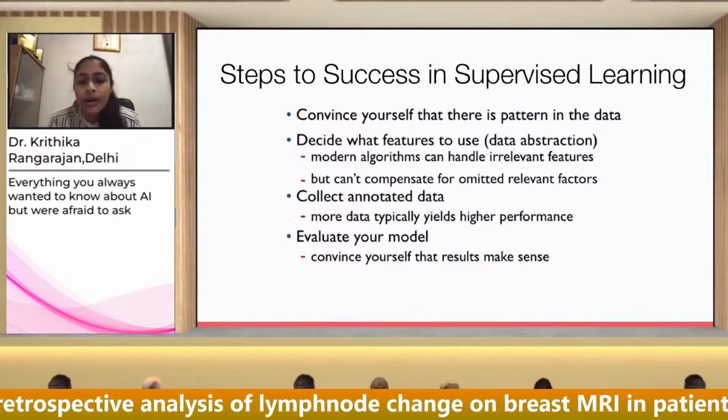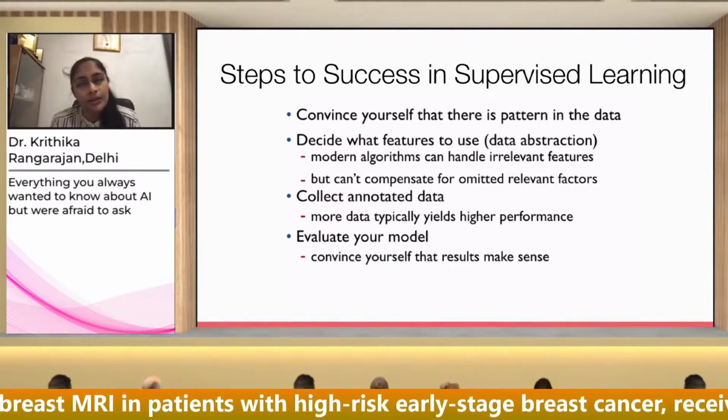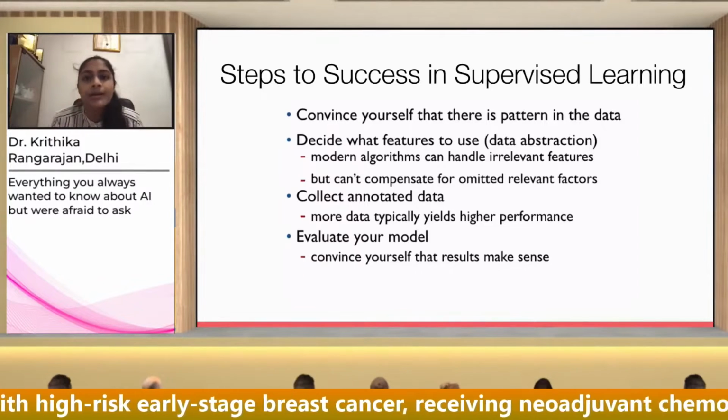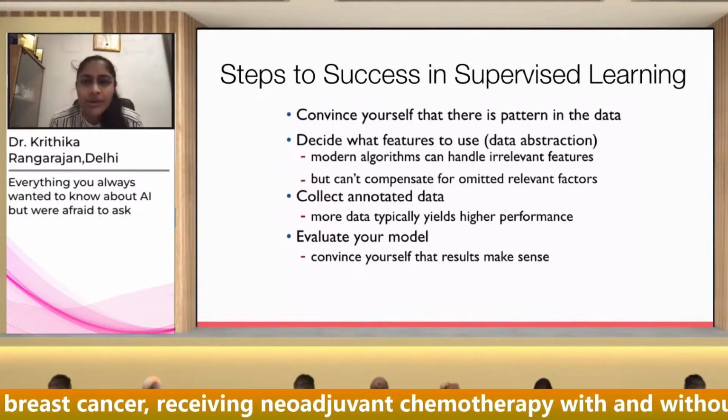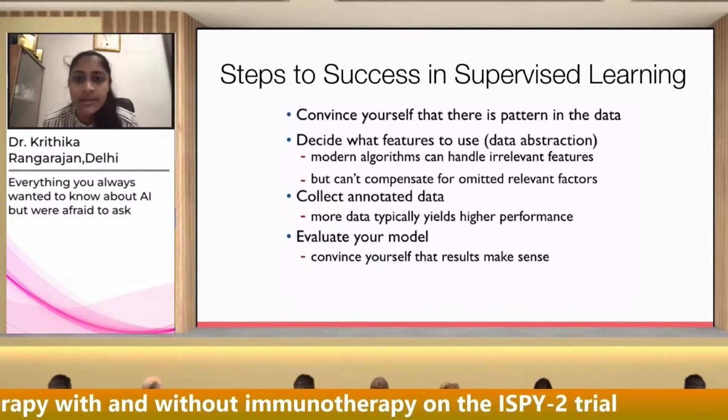To give you an example for better clarity, let's say you're actually performing a task where you want to pick out certain features on a mammogram which may help you decide whether or not it is a malignancy.